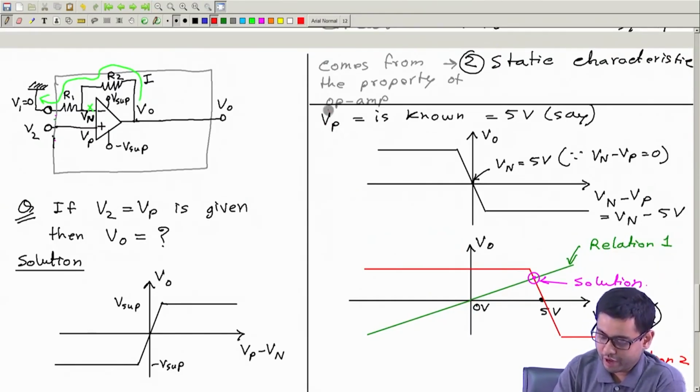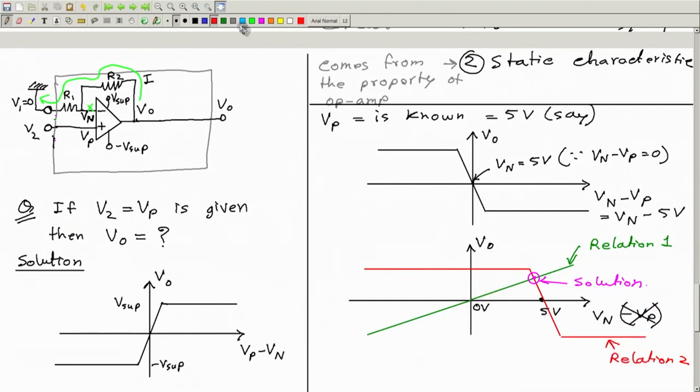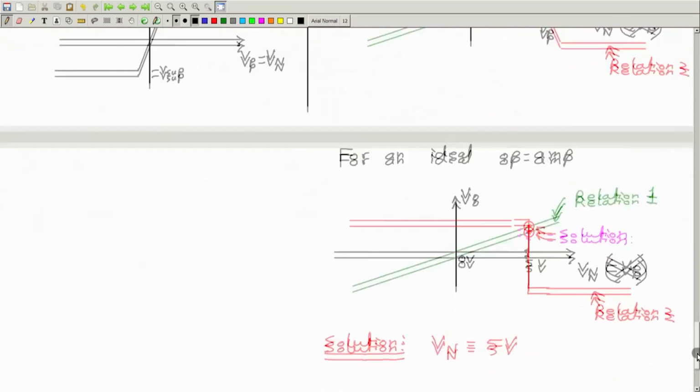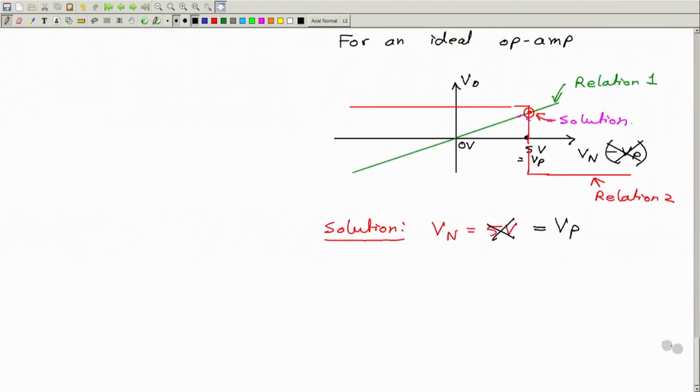If you had written a general value Vp, this would have been Vp only. 5 volt is just a specific example. In general, this is Vp. So therefore, it's better we write this is equal to Vp. So the solution is that Vn is equal to Vp.